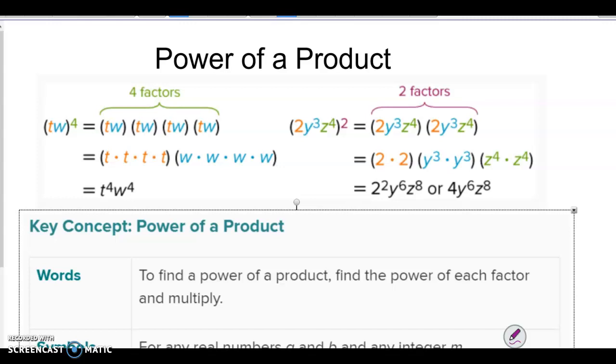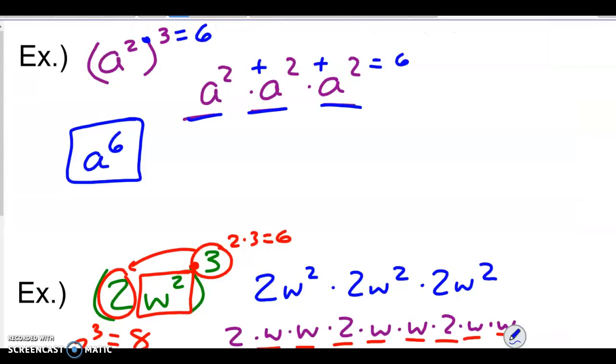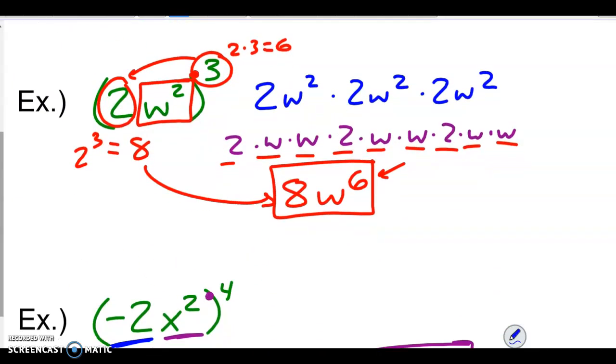And lastly, the power of the product. Really all this means is that you are just making sure, this is kind of a combination of both of our first two rules. You're just making sure that everything inside of those parentheses is getting that exponent attached to it. Kind of like we've already been doing, right? If you have that 2w squared, you have to have the 2 that's being raised to the 3rd, and you have to have the w squared that's being raised to the 3rd.